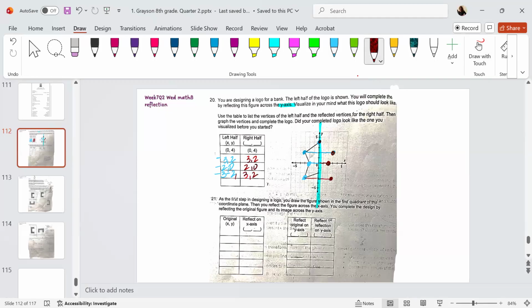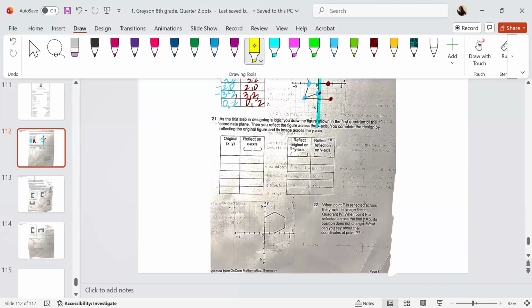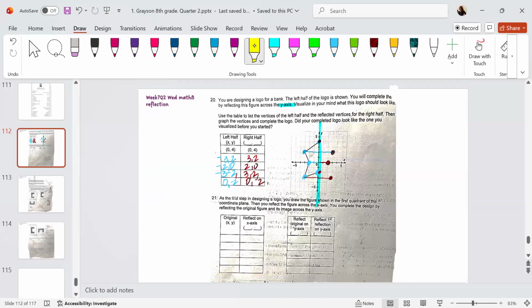Okay, so that's gonna be a negative 3 and a positive 3 and negative 3, right? And then, of course, you go back over here to that point. What is that point? 0, negative 2. And then when it goes back to this point right here, what is that going to be? 0, negative 2.